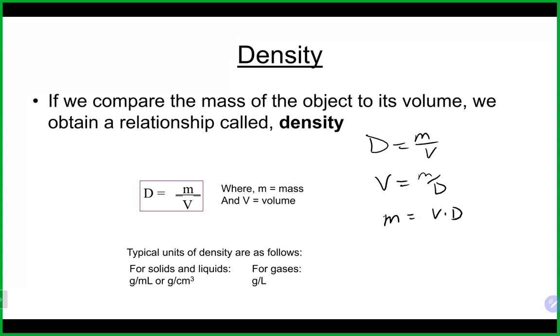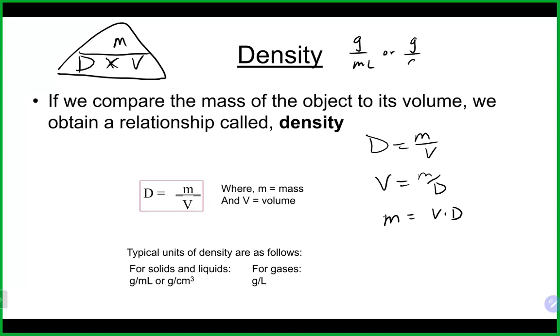Sometimes people remember this with the DMV triangle. All right. So density is mass divided by volume, volume is mass divided by density, and mass is density times volume there.